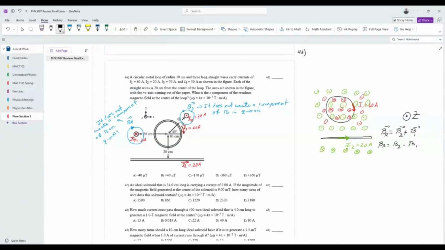Now, B2 is the magnetic field due to a straight wire. The magnetic field due to a straight wire is mu sub 0 I sub 2 over 2 pi R2.